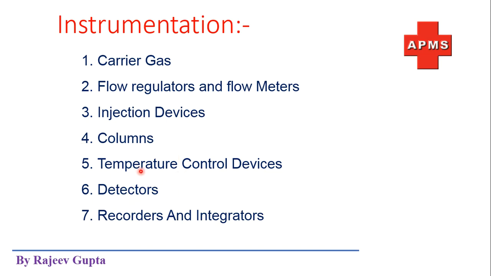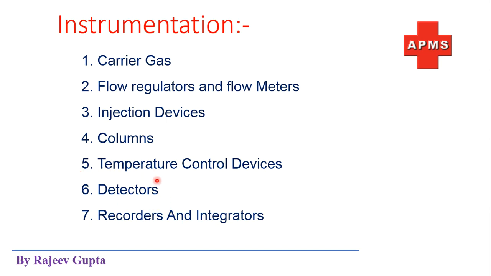Now after that, when all the mobile phase containing samples goes through the column and comes out, then it goes directly into the detectors. These detectors detect the quality of components as well as the quantity of components. So these detectors actually detect the sample.